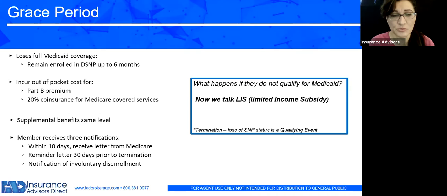And then the member does receive, oddly enough, because you'll hear a lot, "I didn't know that they were auto-enrolling me," well, actually, they get 3 letters. Sometimes they will open only the last letter. It's important to tell your members, if you see anything from the state, if you get a phone call, if you get a letter, contact me, let me know.